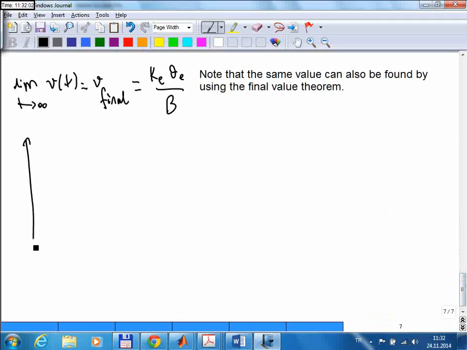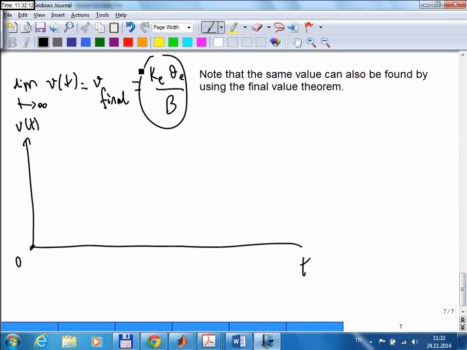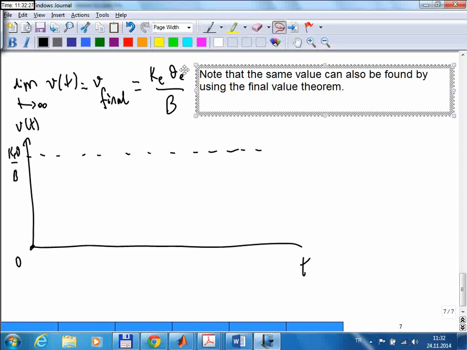So let me just put it here. The speed of the car starts from here, and it reaches a value of this much. By the way, this should be theta 0, right? So there's no theta e here.